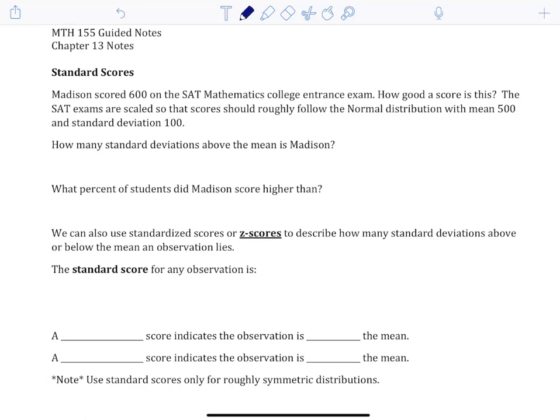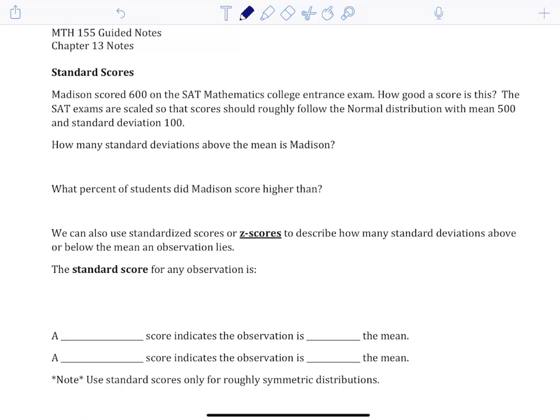Well, another thing that we can look at is this idea of a standard score. The reason we would have a standard score is because we are trying to compare 2 things that come from different distributions. So we could look at something like the SAT score. If we knew that Madison scored a 600 on the SAT Math College Entrance Exam, and we wanted to know how good of a score this is because 600 is kind of a weird number to give to a score, what we could do is know that the SAT is supposed to follow a normal distribution with a mean of 500 and a standard deviation of 100.